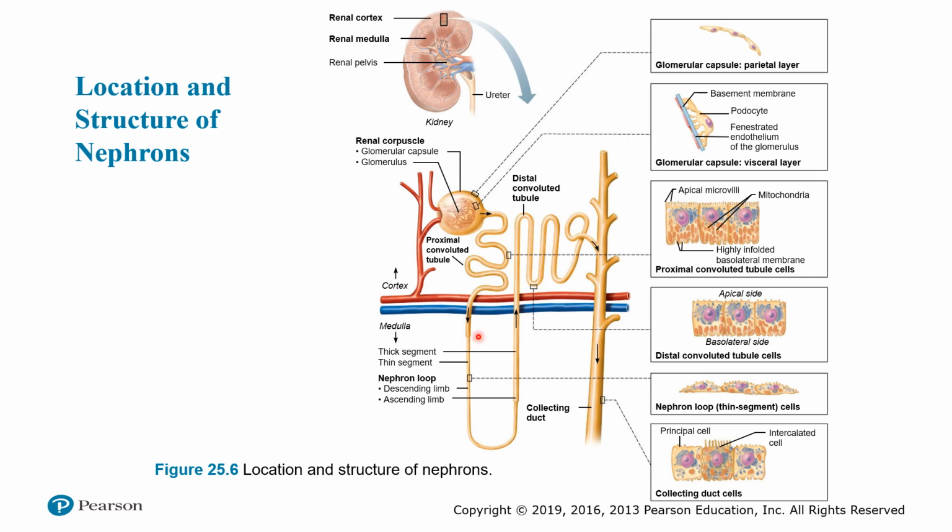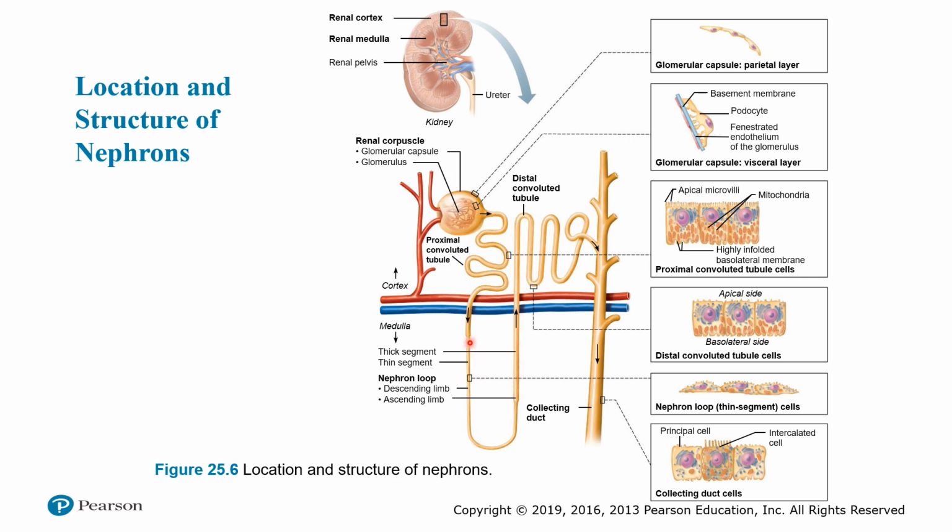The upper portion of the loop of Henle is continuous with the PCT, and it has cuboidal epithelium. But from here it is the thin descending limb, which continues into the thin ascending limb, and then it changes into the thick ascending limb.